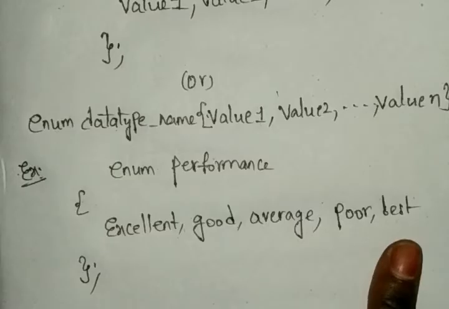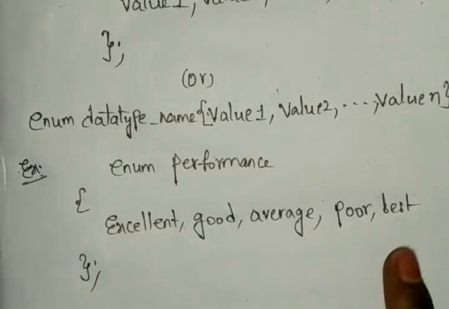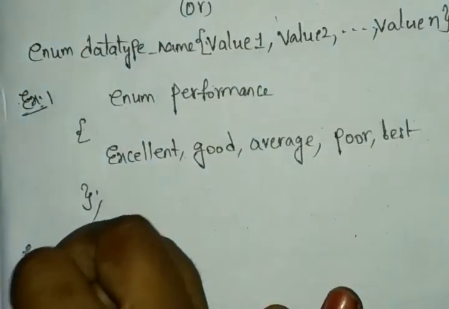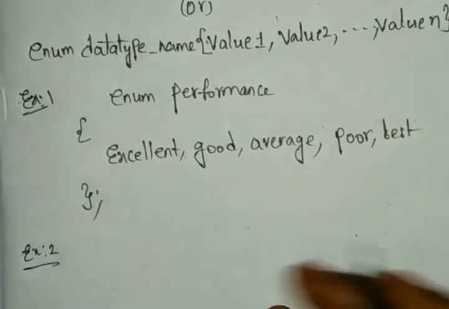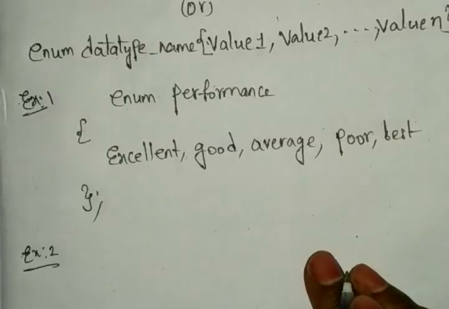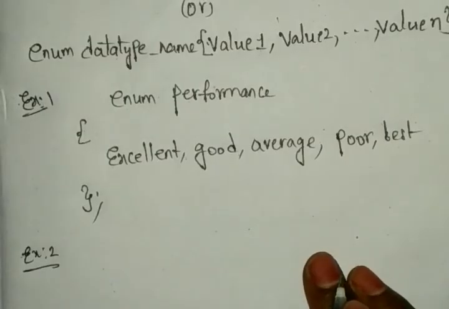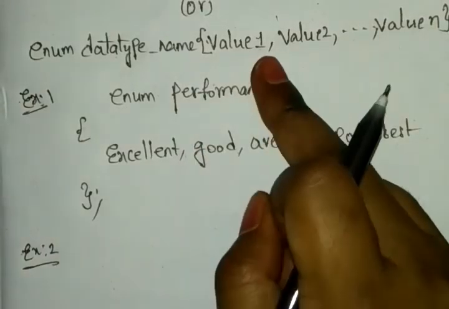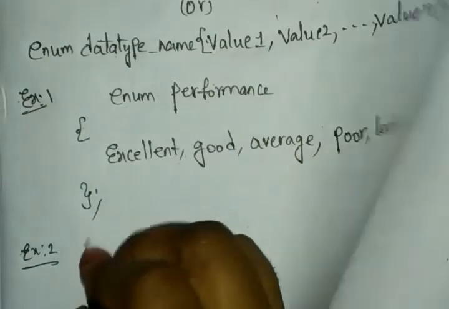Or else you can assign this for the weekdays also. So for example, this was example 1, and here I'm writing example 2. We have the weekdays, the 7 days, right? So 7 days means we have 7 values. Second type, here I'm writing enum.